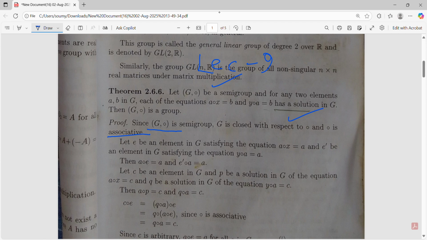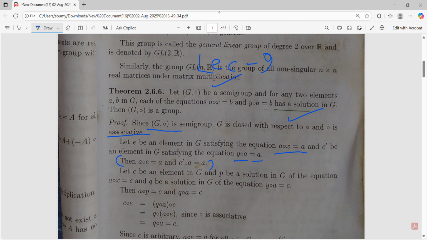Let E be an element of G satisfying the property A compose X equals A, and E dash an element such that Y compose A equals A. If we put E in the place of X and E dash in the place of Y, we get these two equations.